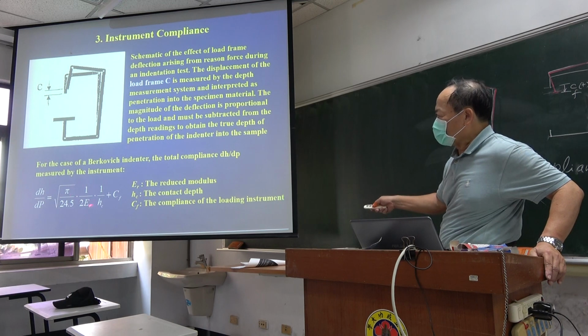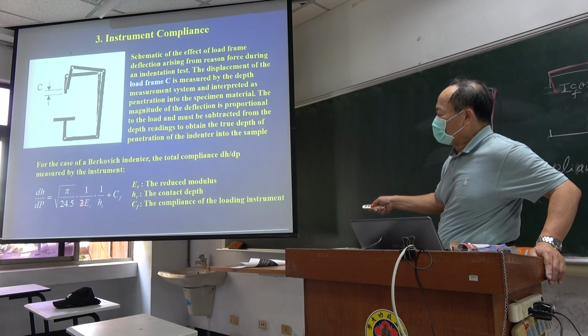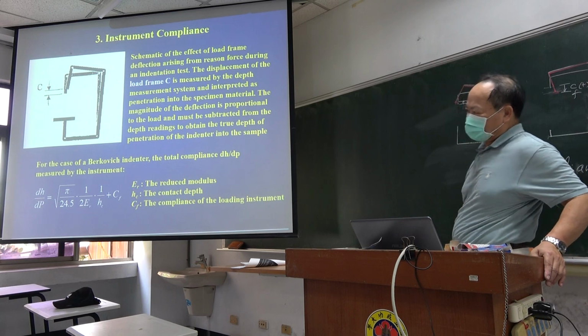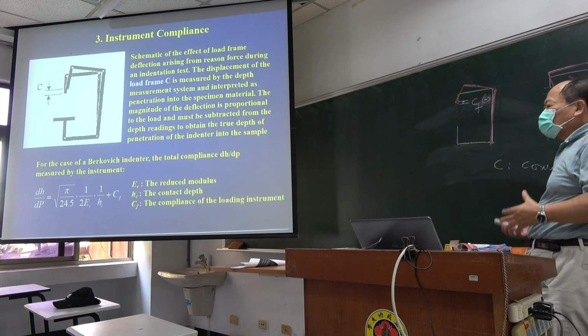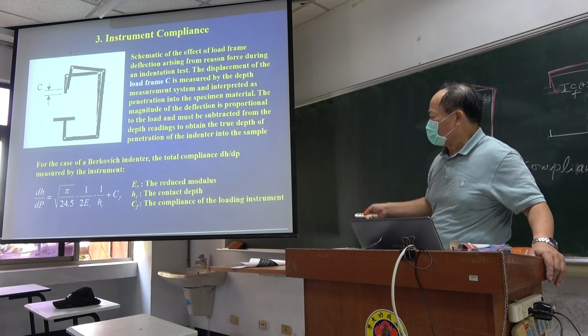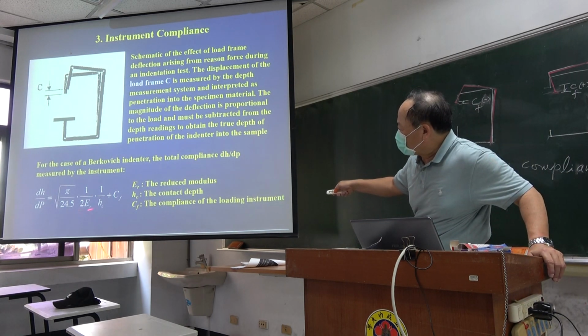So this term is the compliance related to your material itself. The second term is related to your structure. We call it the C_F. So if we want to obtain the compliance of your material, you have to obtain this term only.